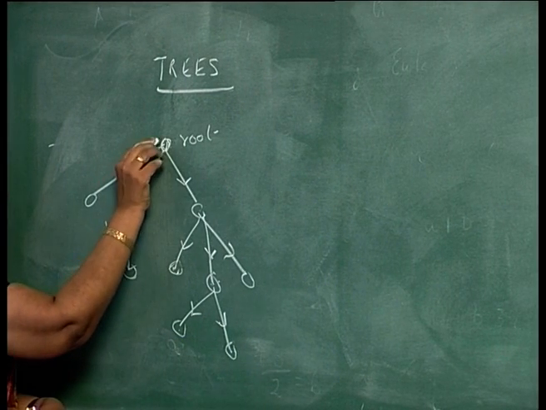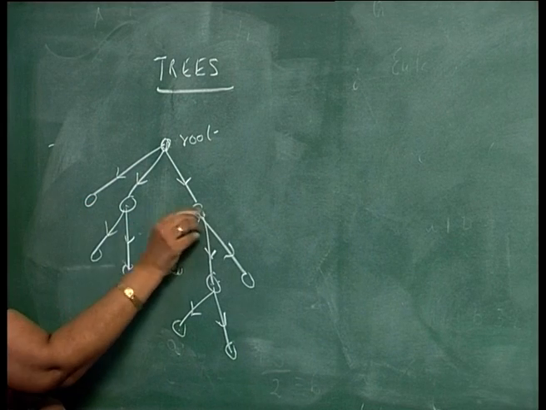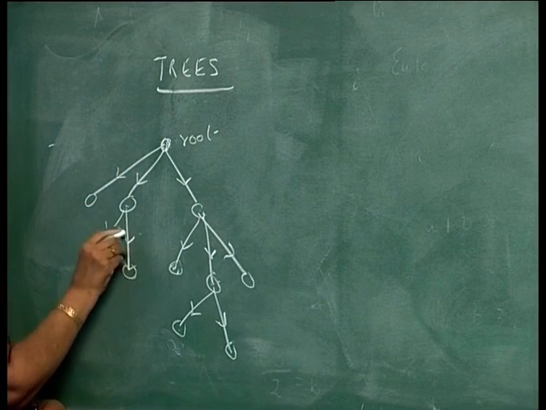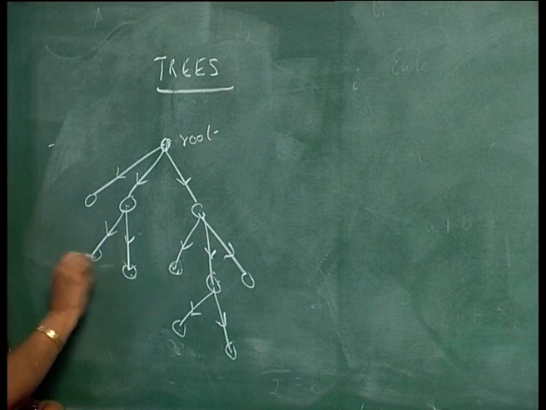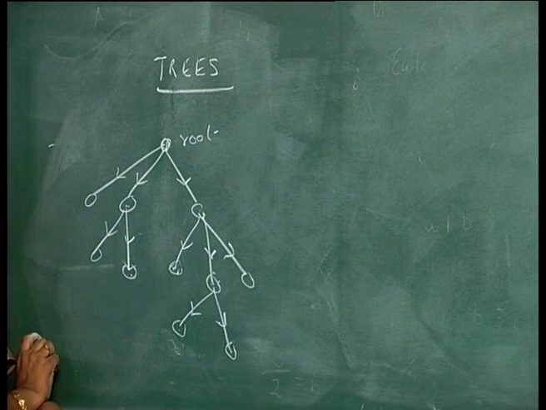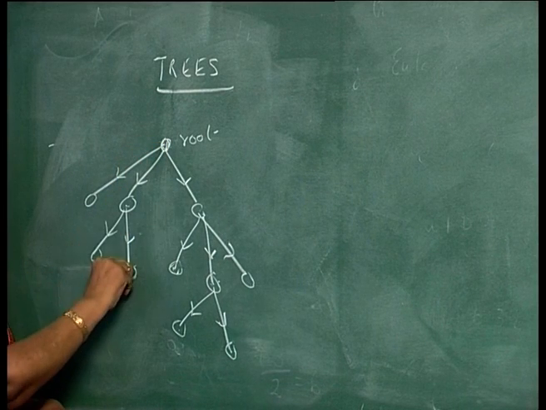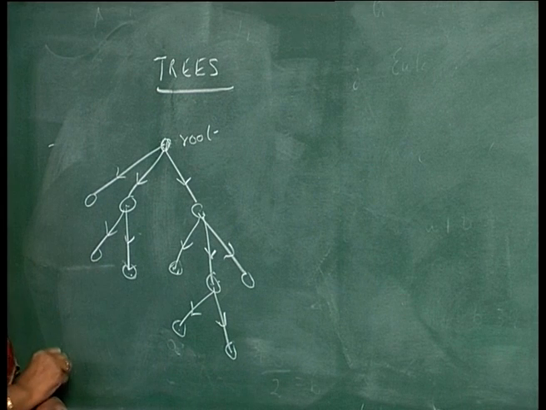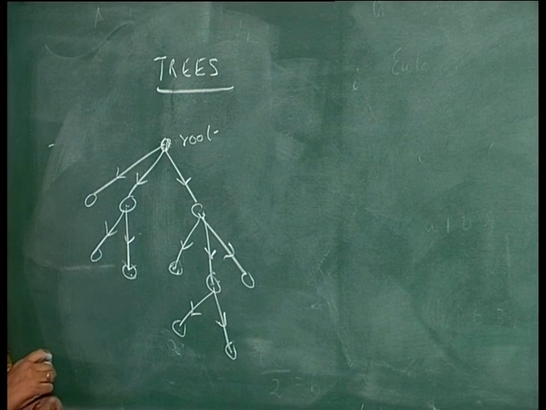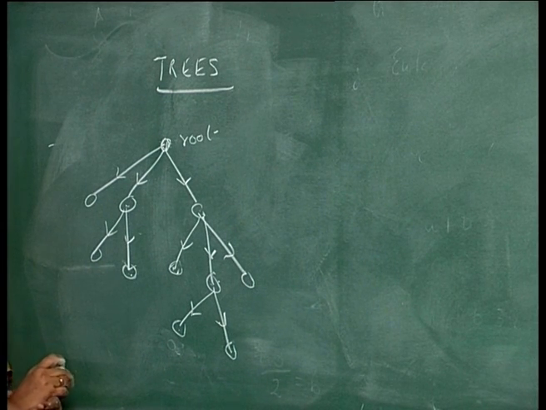Here this is called the father and these are called the sons of that node. Similarly, if this is the father, the sons are these nodes. And this is called an ancestor of this node and this is called a descendant of this node. These are some of the terminologies which you commonly use when representing trees.